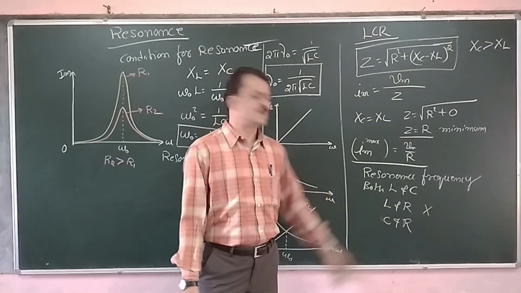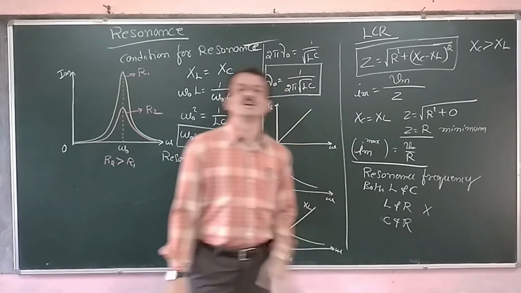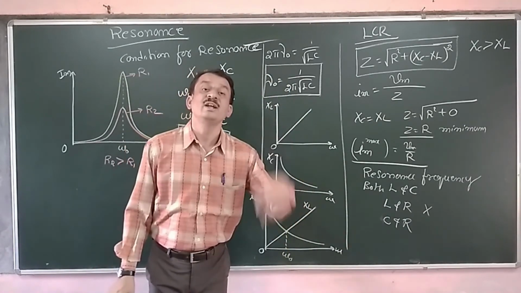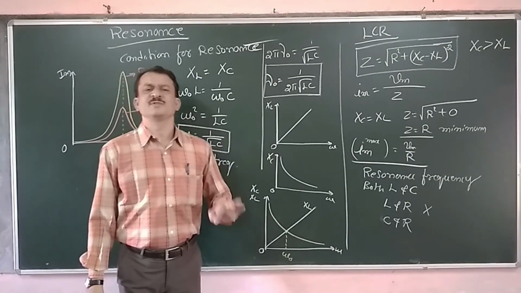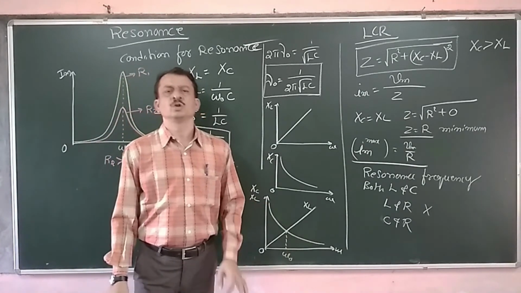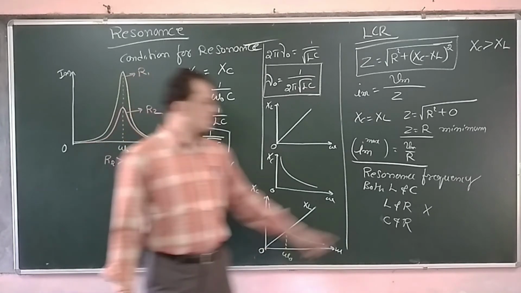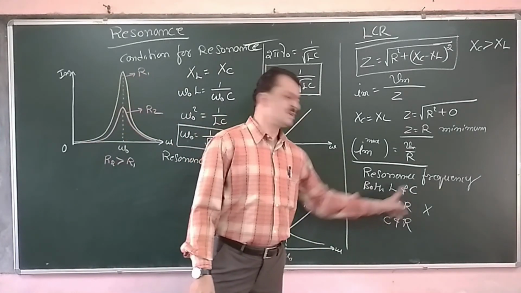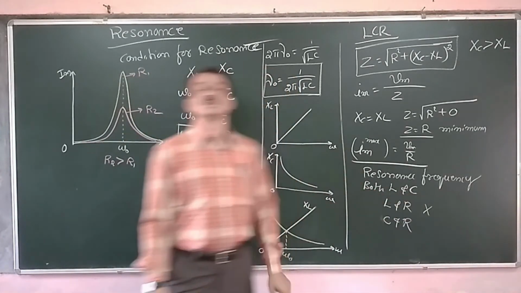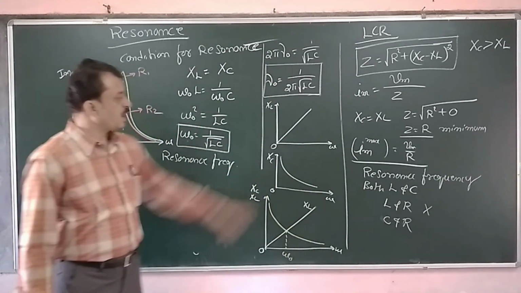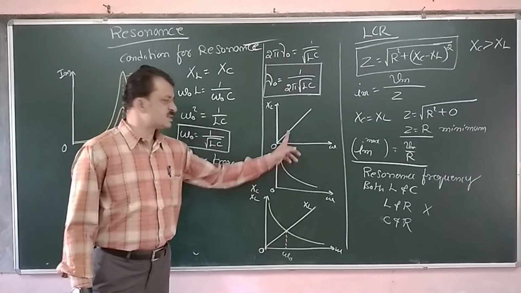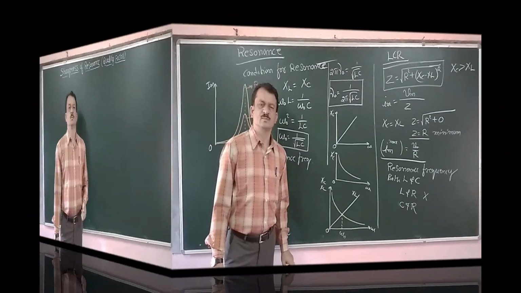It has a frequency dependence. Once again, this resistor is frequency independent. Therefore, we observe the resonance phenomenon in a circuit which contains both L and C, inductor as well as the capacitor, because both depend on the frequency as shown by these curves.